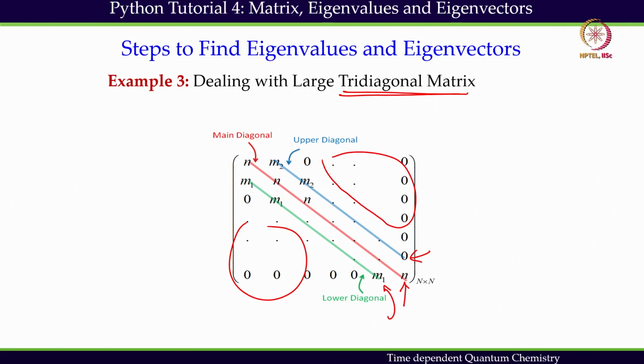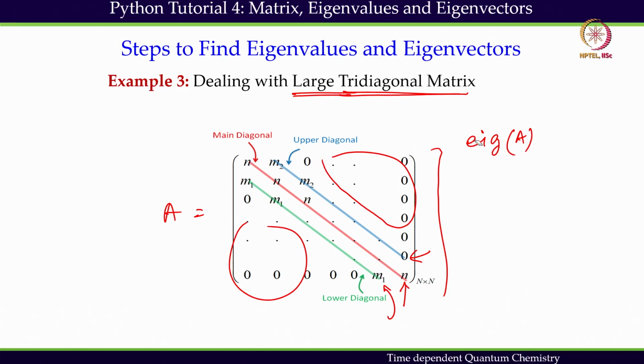If you are dealing with a very large tridiagonal matrix, it is better not to directly use this matrix and find the eigenvalues and eigenvectors with this construct. We should not do that. We should use some other technique which would be more computationally time effective.